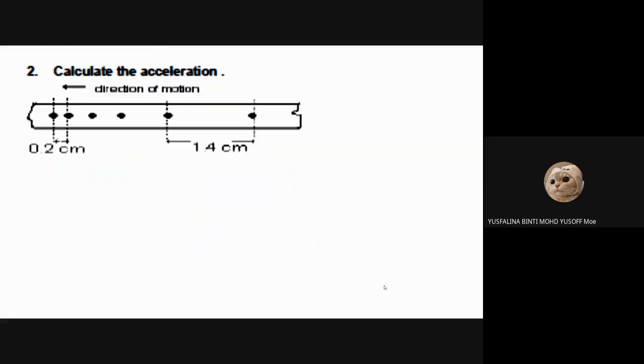Now I give you time for you to answer question number 2. Let's try on your own. You have to find the acceleration, so you have to find V, U, and T first. Try to do first.